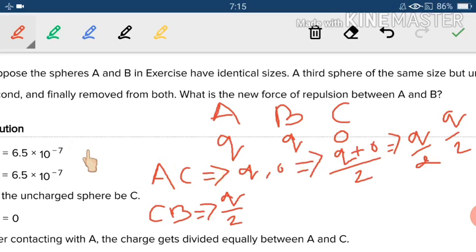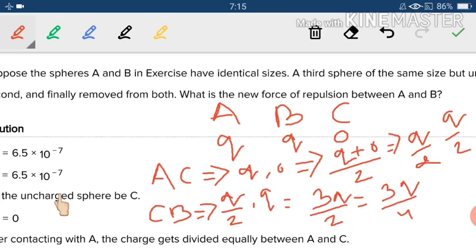Q. So now what is the total charge? When you add Q by 2 plus Q, the answer will be 3Q upon 2. Now this 3Q upon 2 will be divided equally between C and B, because they are brought in contact with each other. So when you divide 3Q by 2, finally what will we have?